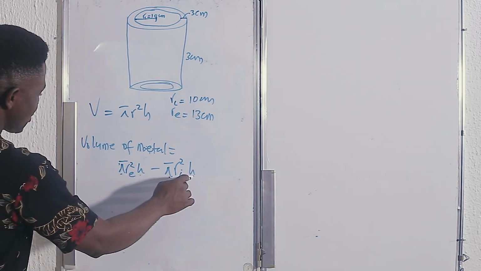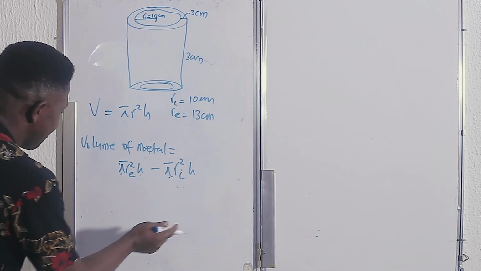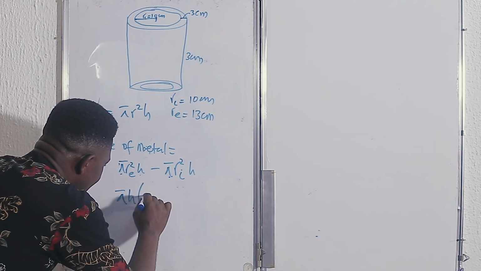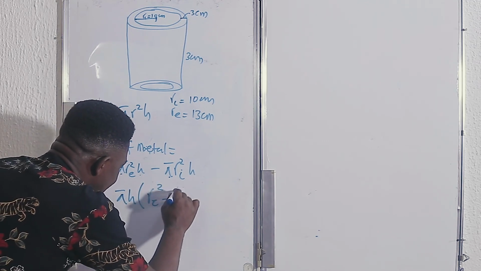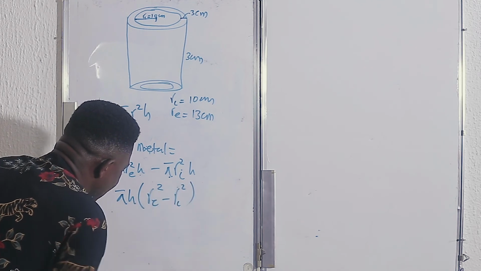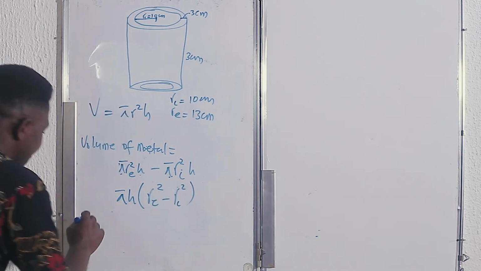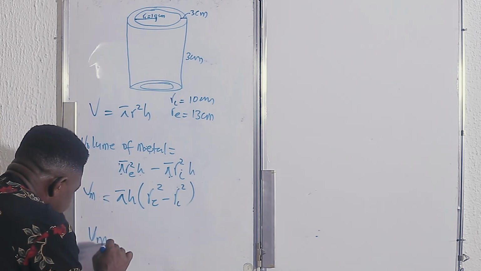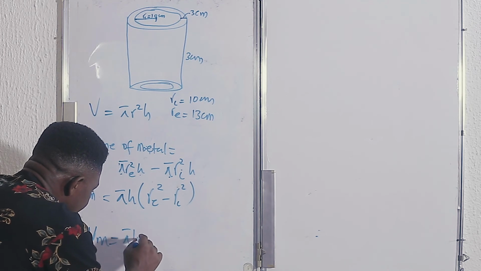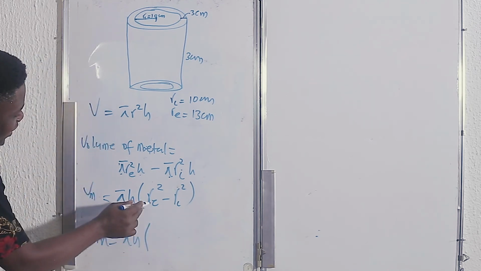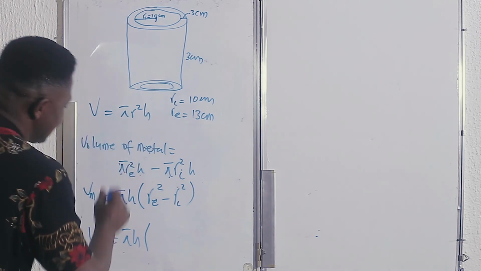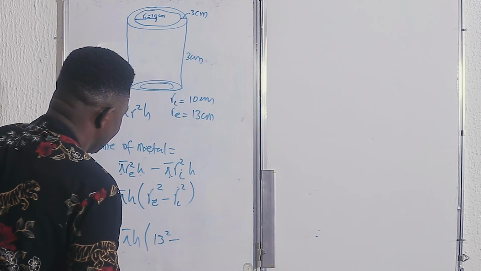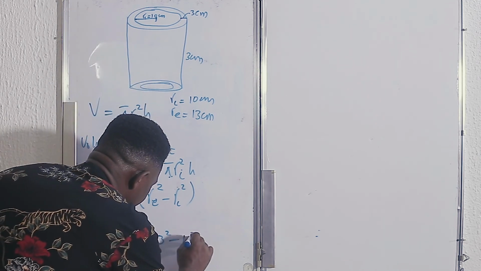The height is constant, it is the same thing. So we can factorize this equation to be pi h (R squared minus r squared). So that's the volume of the metal. Remember the radius of the external cylinder is 13 centimeters, 13 squared, and the radius of the internal cylinder is 10, 10 squared.